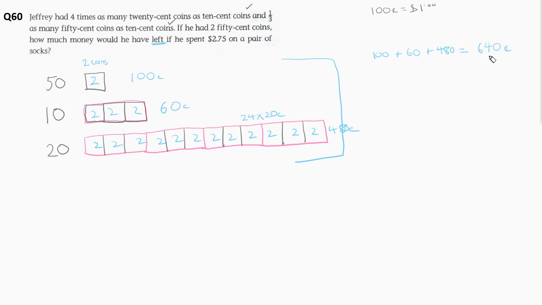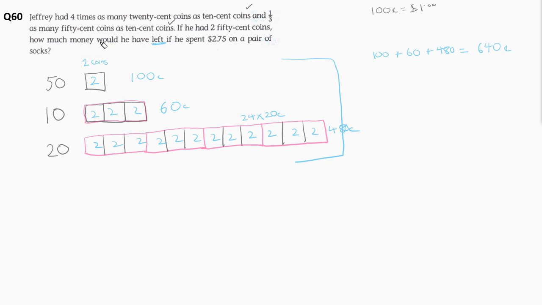Okay, of course this is equal to $6.40. Or if we were imagining this as pence, so if this was 640 pence, it would be £6.40. Let's keep it as that for the moment, because we're not finished.